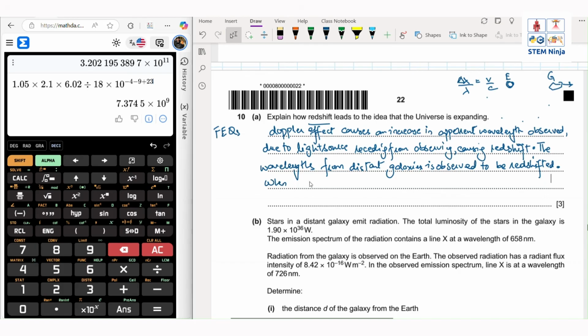When this redshift is observed from all around the observer, Earth, it can be concluded that the universe is expanding.